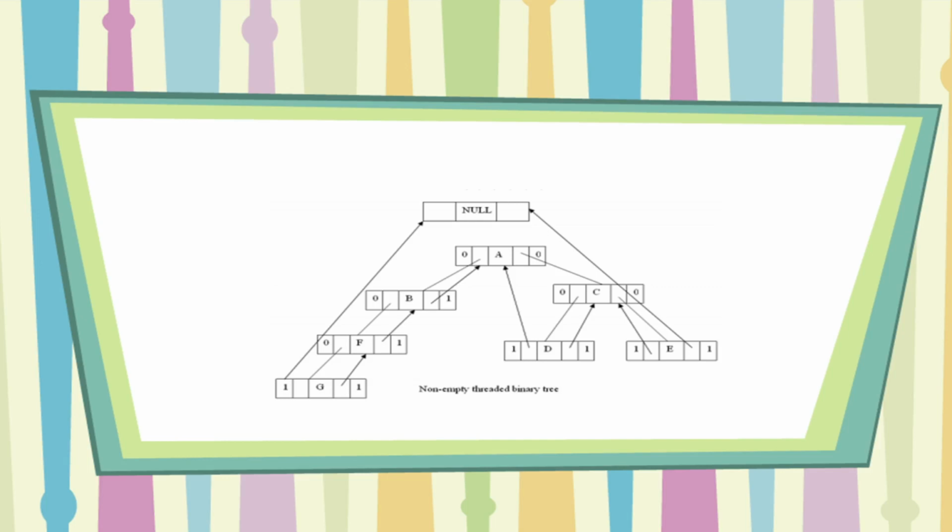A child exists, it means that it doesn't have any null pointers. So the left thread value is 0 and the left child value is B. Similarly for C, the right child is C and the right child exists, that's why the thread value is 0. Similarly for all the nodes. This is a linked list representation of a threaded binary tree.